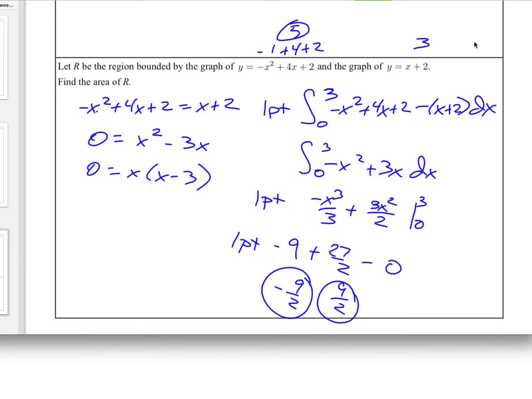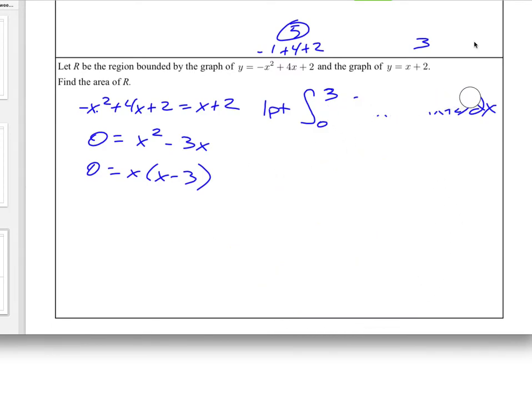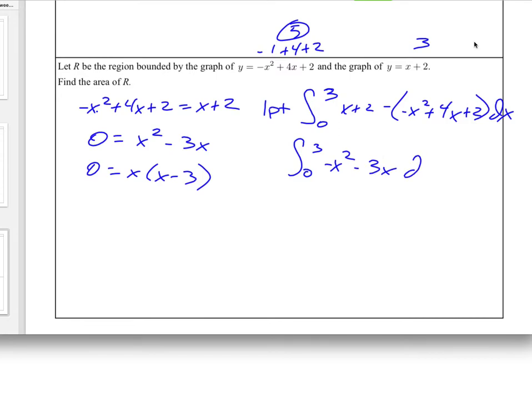So let me show you that that's what's happened. So if I go back in here and I switch the order, I did x plus 2 minus negative x squared plus 4x plus 2 dx. So I'm going to get positive x squared, I'm going to get negative 3x, and the 2's still cancel. Is that right? Yes.